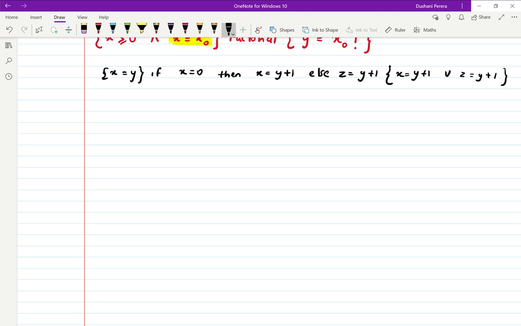So to check this we can use the proof rule for if as well. So let's use that method and see.